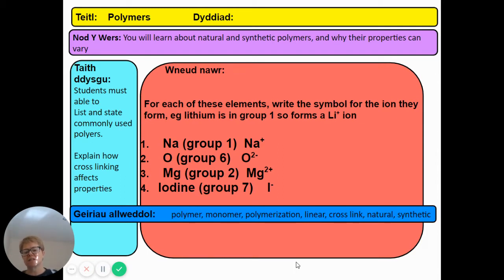Oxygen is in group 6, so it gains 2 electrons, giving it a 2 minus or 2 negative charge. Magnesium group 2 loses 2 electrons, so has a charge of 2 plus. And iodine in group 7 gains an electron to form a negative ion with a single charge.